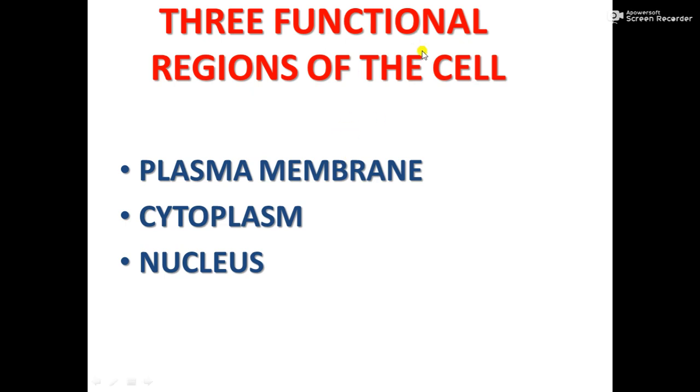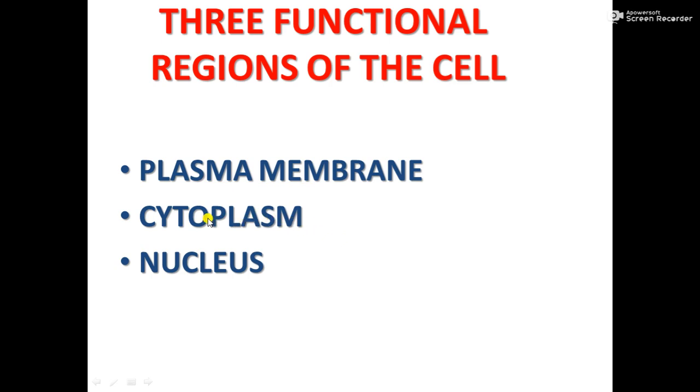And any of these cells, if we take, they have 3 functional regions in their cells. That is, first is plasma membrane, the outer covering of the cell, and inside the plasma membrane, the living material which is called the protoplasm.